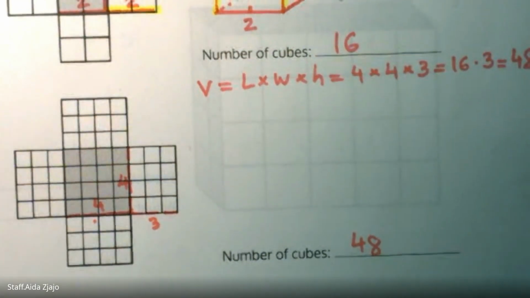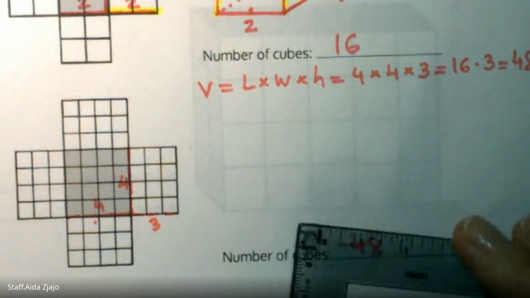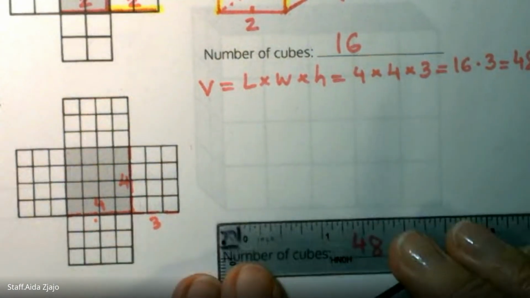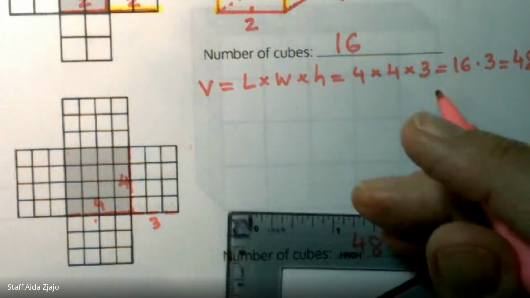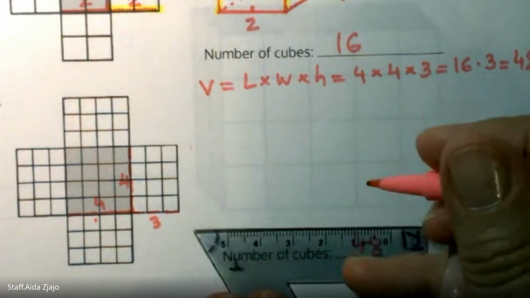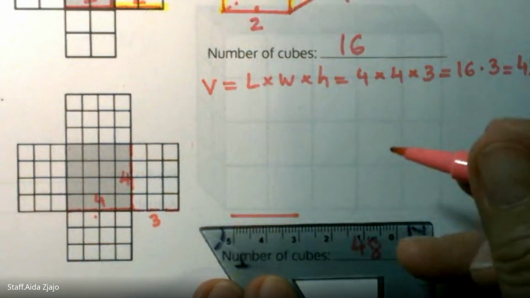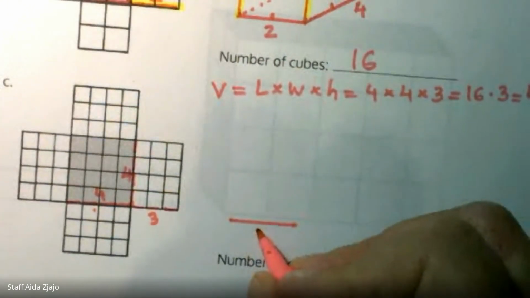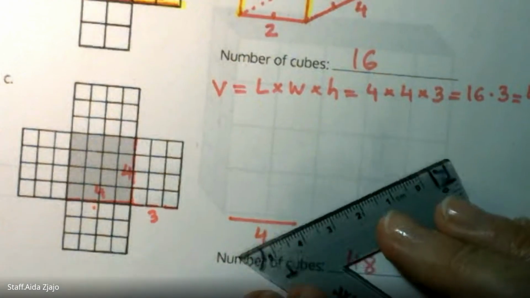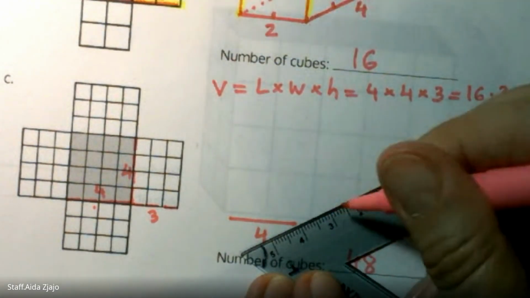So how can I draw that? I can think about the length, and the value won't be exact, so this is pretending 4 units.